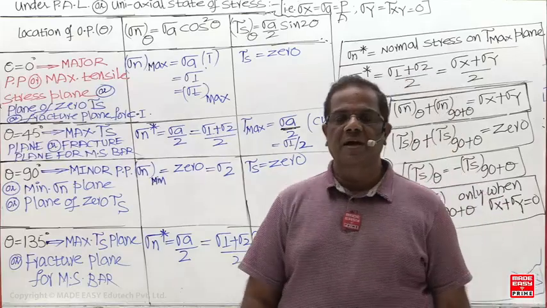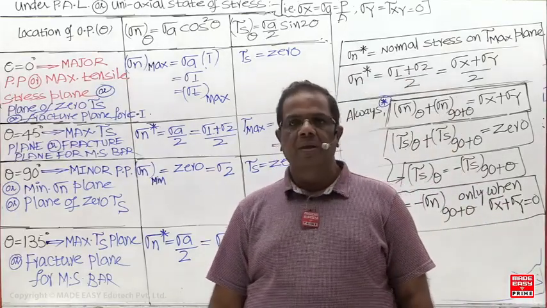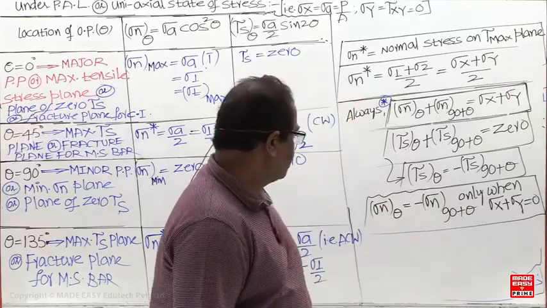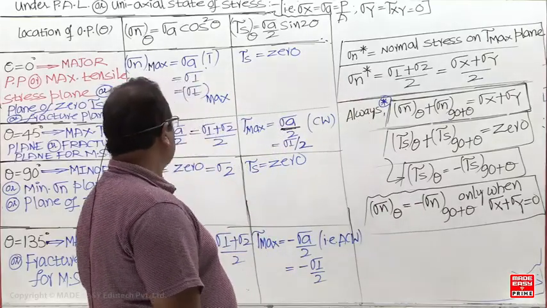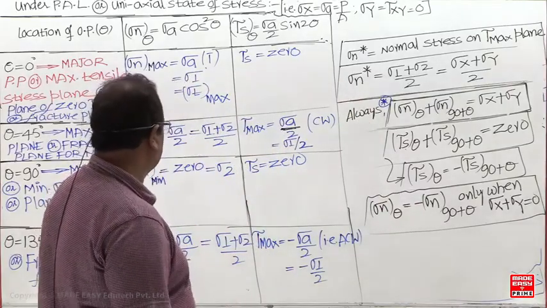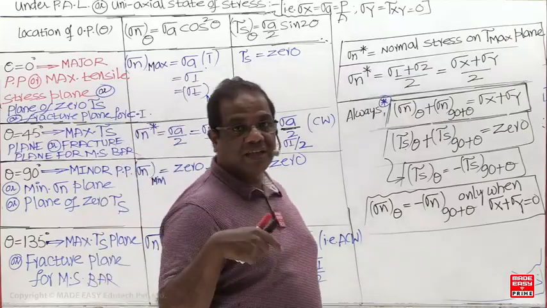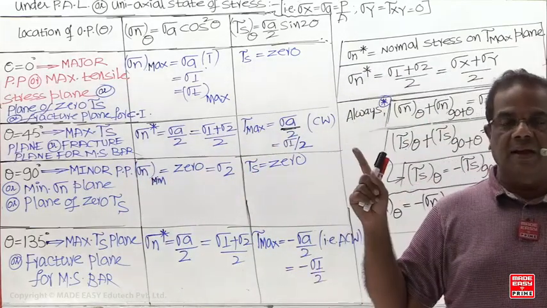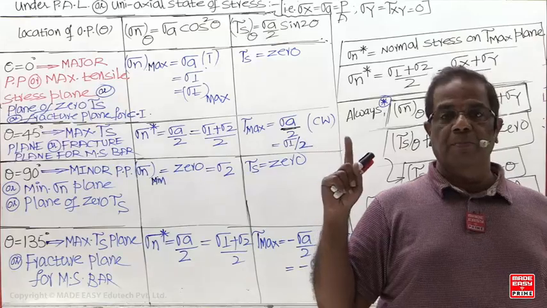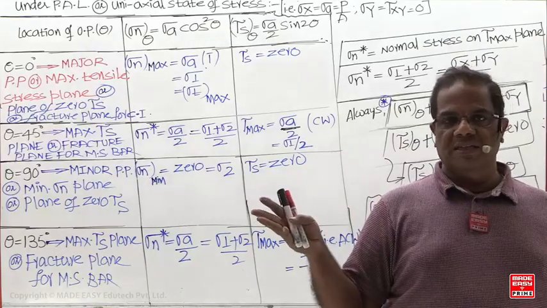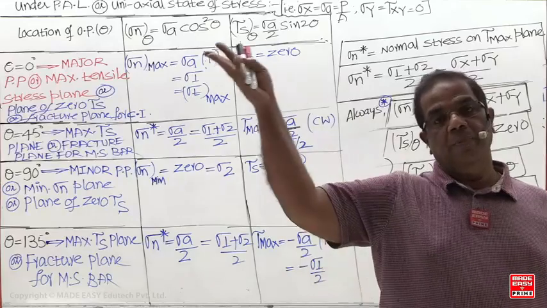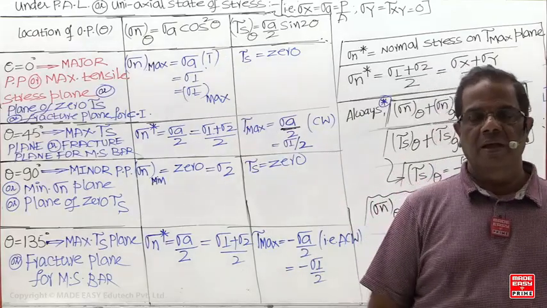Now please write down the definition of principal planes. Whatever definition I am giving now, once again, when I go to chapter number 7, the principal stress chapter, that is very important, I am not going to discuss again the things which are discussed now.